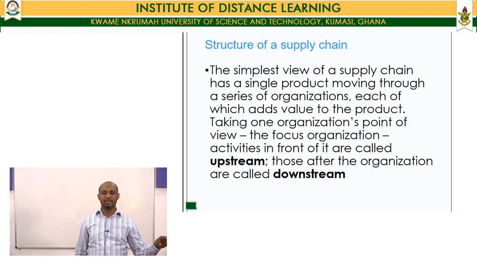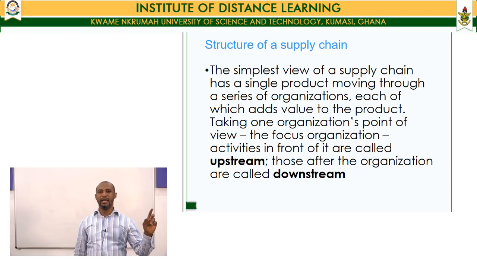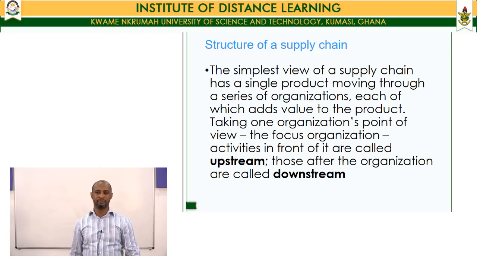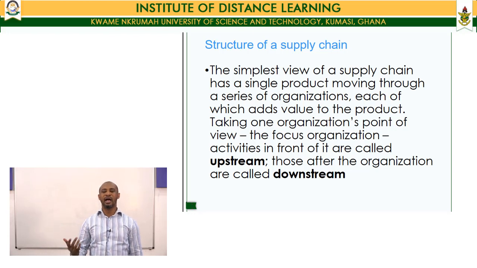Cocoa Board creates place and time value for the organizations that produce chocolate, because they are able to take the cocoa from the farmer and make it available to these companies where they need them. So they have created place value. And they also make it available to them at the time they need them. They have created what? Time value.